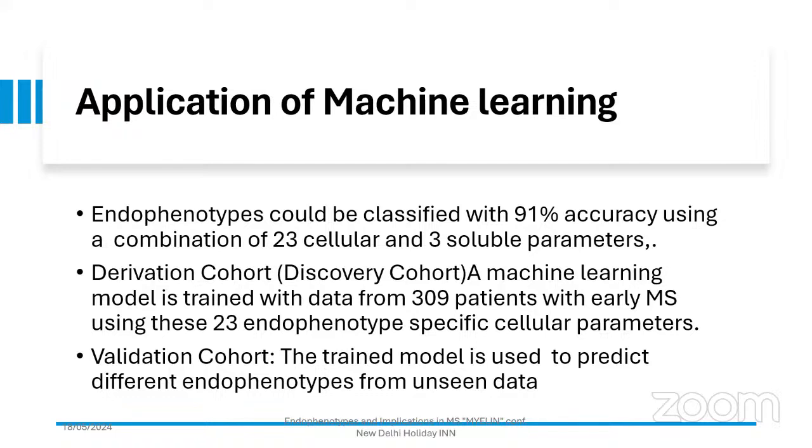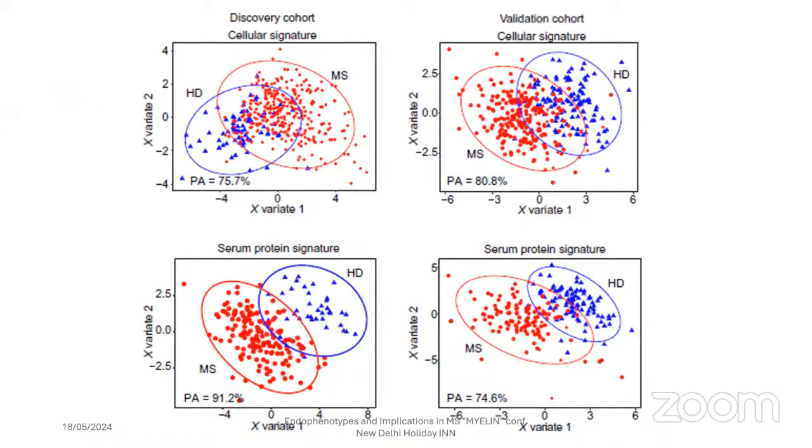And after the model is trained, it is validated using another 200 odd patients to predict different endophenotypes from the unseen data. So these are the validation cohort, and this is the derivation cohort.